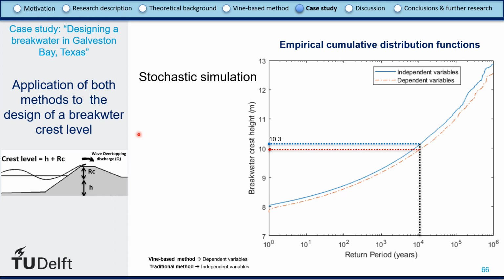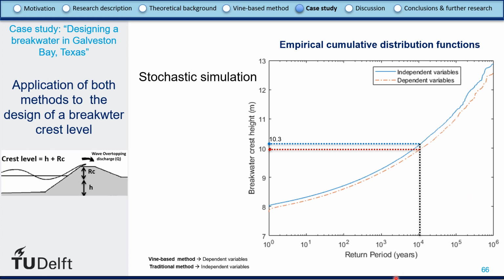We sample again many values. And then we calculate the crest level for each of these joint sets of values that were sampled for both methods. And with this, in our case, 10 million outcomes of the crest level, we calculated the empirical cumulative distribution function for both methods.